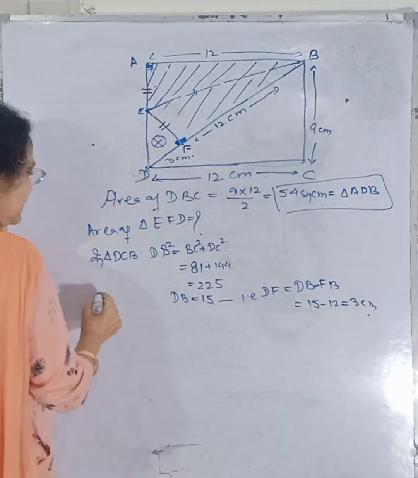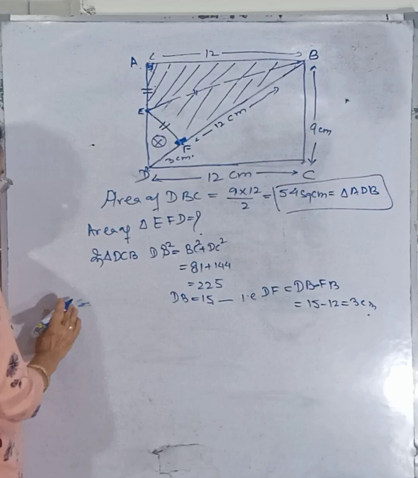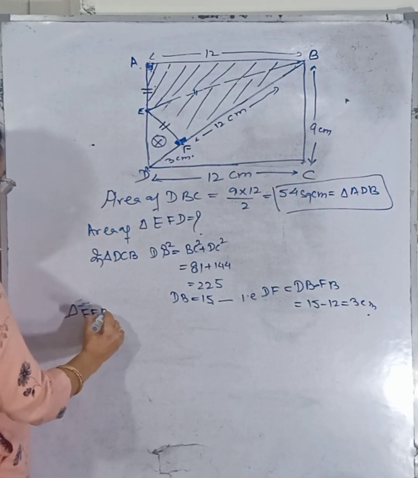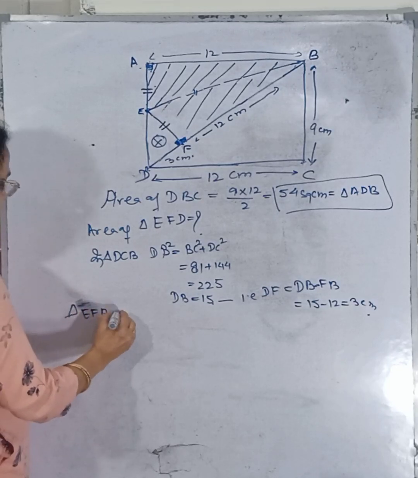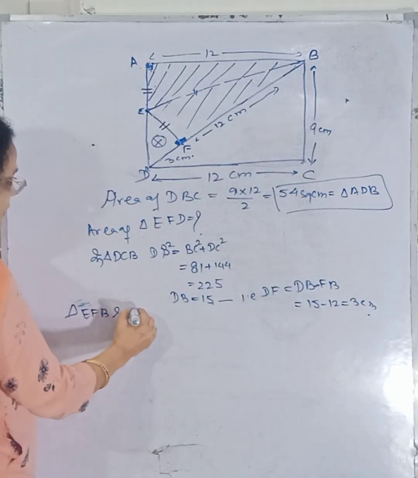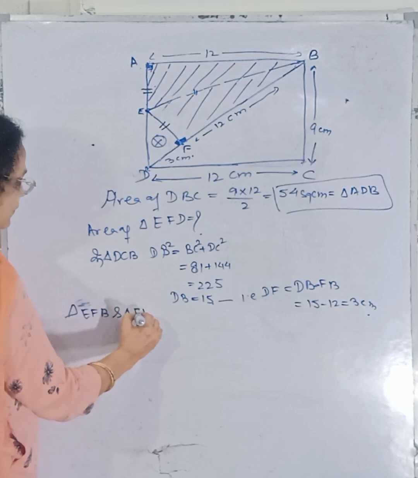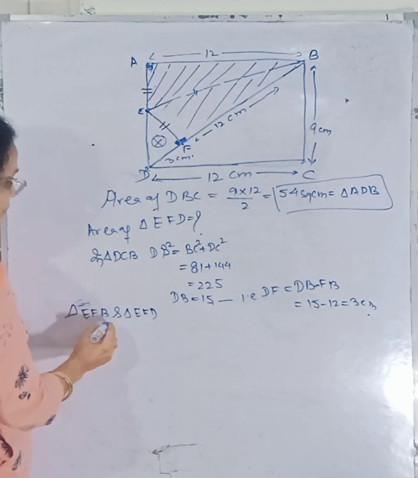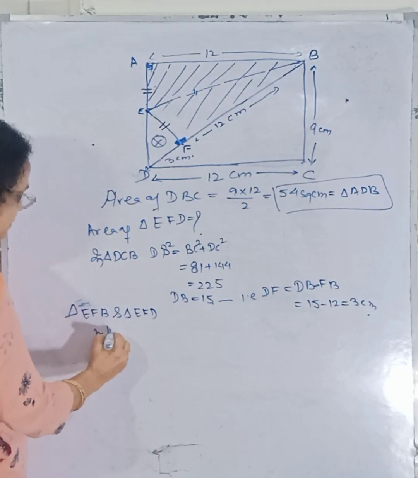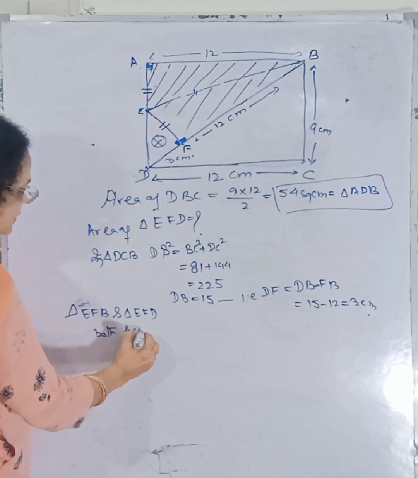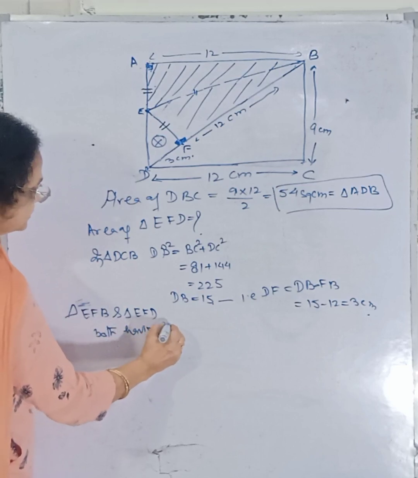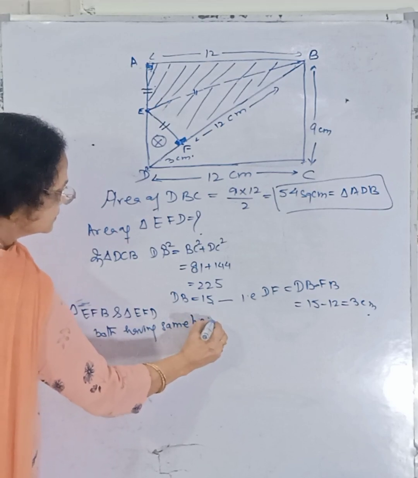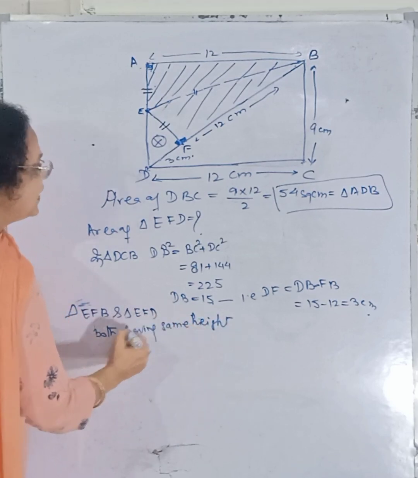Both triangles, EFB and EFD, have the same height.